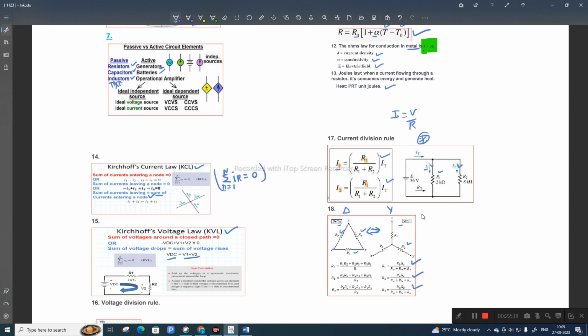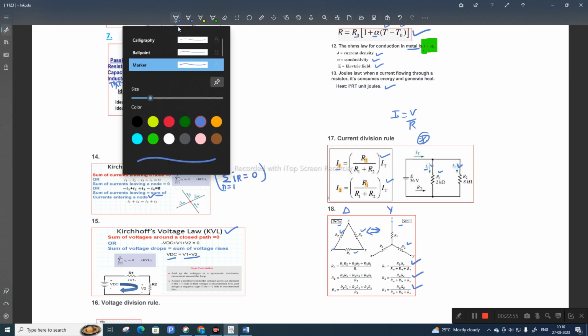Okay. In a similar way, if you convert from star to delta, keep these nodes the same, and you want this line. I'll give a dotted line on this. Probably I'll put another color ink so that you can have a clear idea.